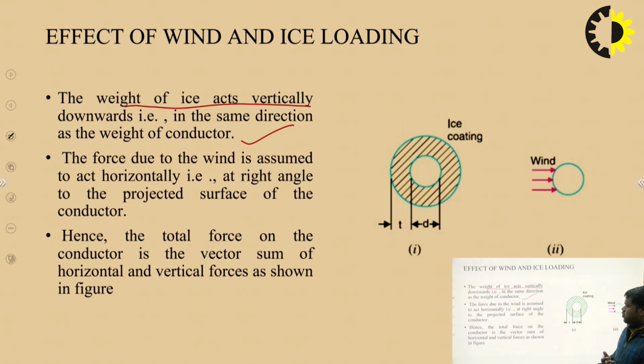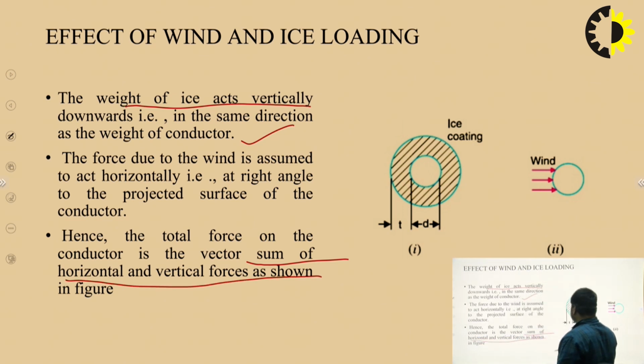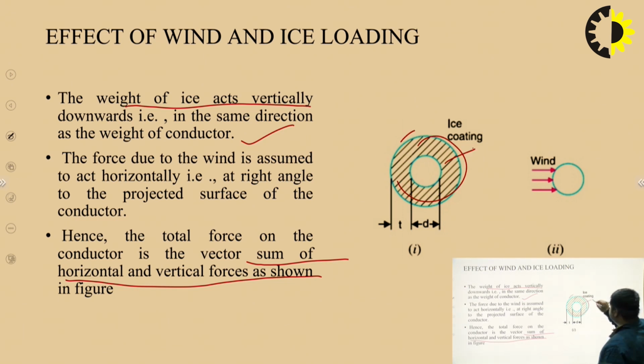The force due to the wind is assumed to act horizontally, that is at right angle to the projected surface of the conductor. Hence, the total force on the conductor is the vector sum of horizontal and vertical forces as shown in the figure. So this is the conductor and this is the ice coating.